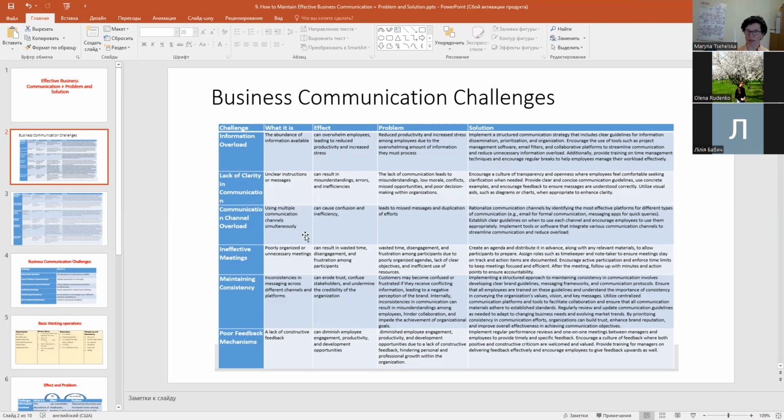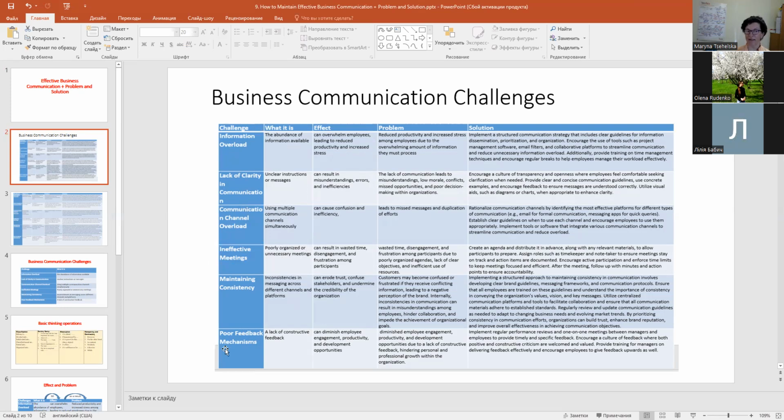Next in importance is communication channel overload. It is when we have different communication channels used simultaneously. It is followed by ineffective meetings, which may be poorly organized or unnecessary meetings.